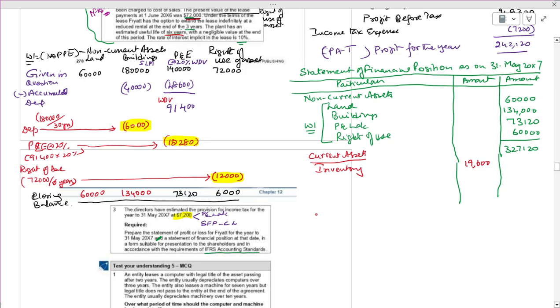Next, trade receivables, 51,200. Next, bank, 4,300. Good. Total of this? 25,100.